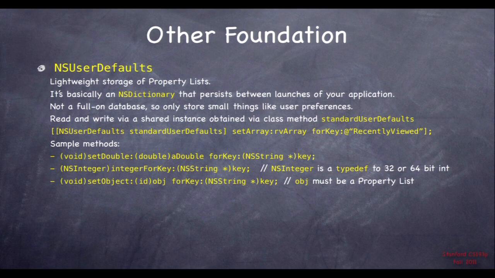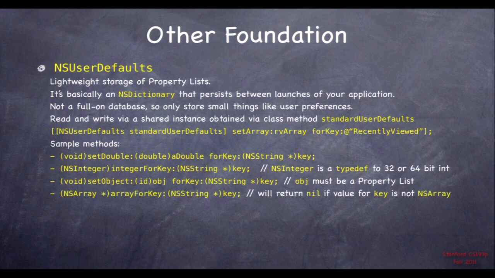If you do set object for key, guess what obj, what kind of obj does obj have to be, do you think? Property list, exactly. Bonus points. I can't see you because of that bright light, but you get a bonus point if I could see you. Yes, set object obj, that obj has to be a property list. Any property list will do there.